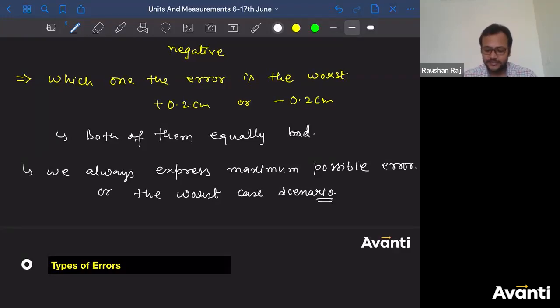So if you decrease that tolerance, the difficulty of getting that product will be very, very high. That is why when somebody tells you that you are going to get a very accurate, very precise product from a particular brand, you will surely observe that the price of that product will be very, very high.